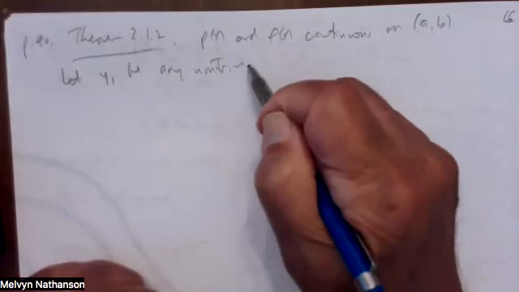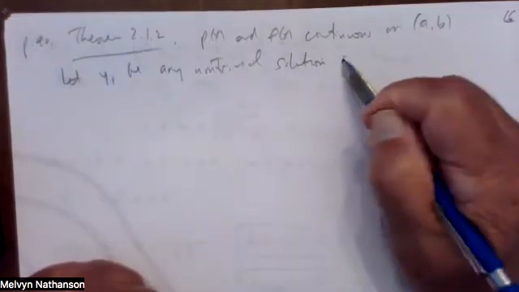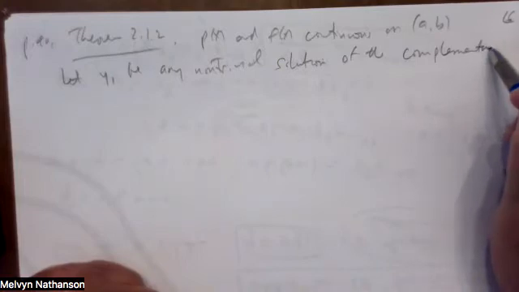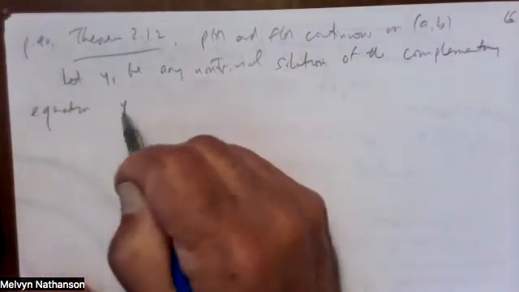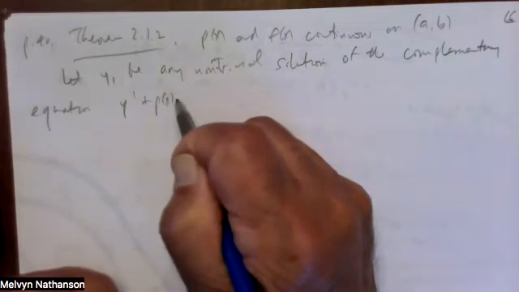That is not the zero solution, any non-trivial solution of the complementary equation y prime plus p of x y equals 0.